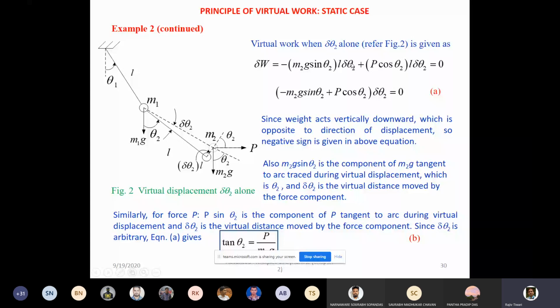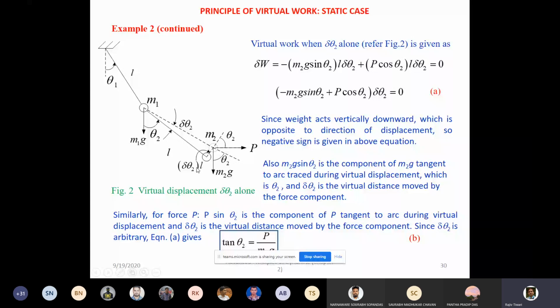So multiplying that force by L delta theta 2 gives the virtual work done by gravity, and because the weight component is in the downward direction, opposite to the upward virtual displacement we are giving, there is a negative sign.